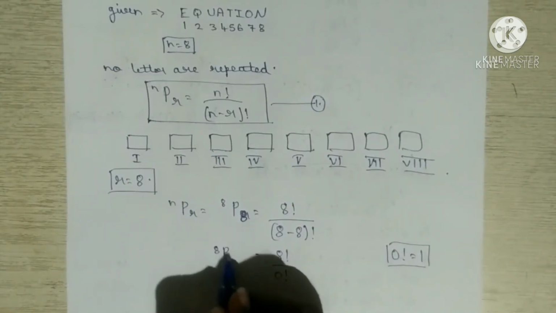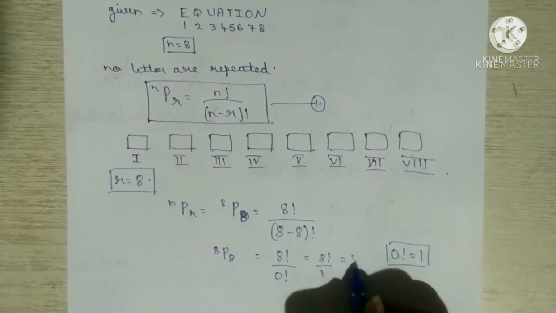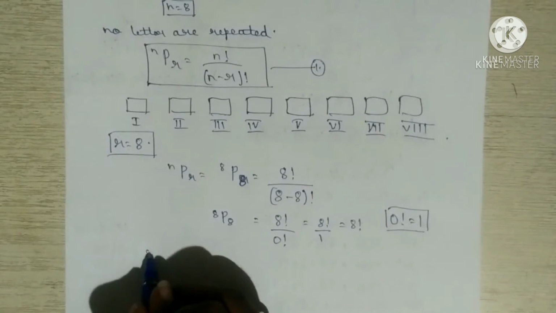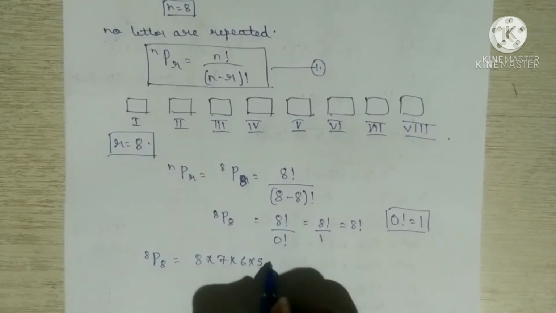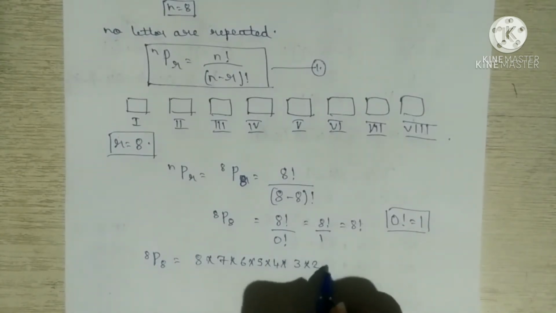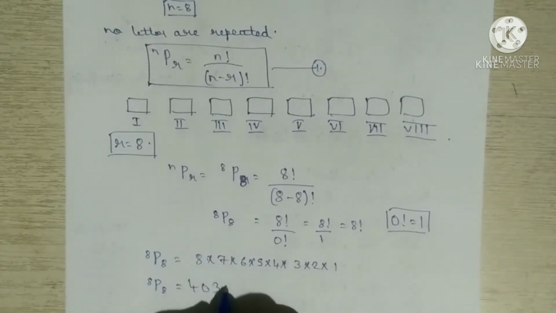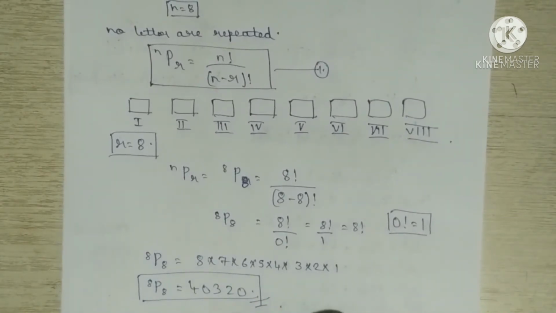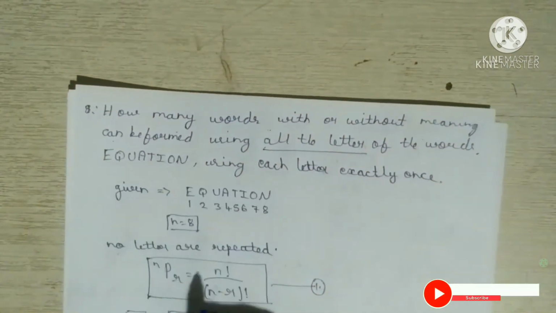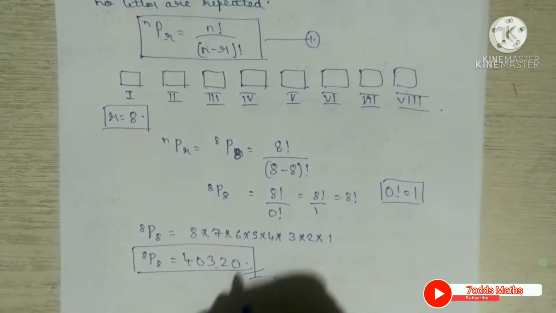Now 8P8 is equal to 8 factorial by 1, which is nothing but 8 factorial: 8 into 7 into 6 into 5 into 4 into 3 into 2 into 1, which is 40320. So 40320 words can be formed.